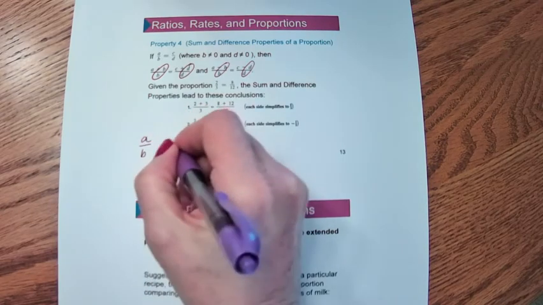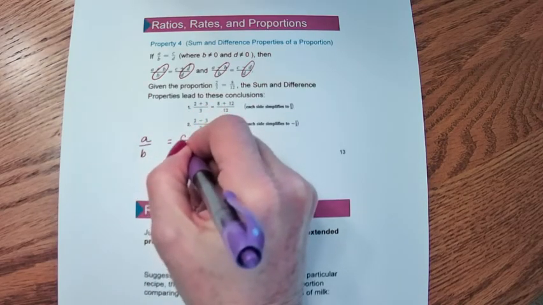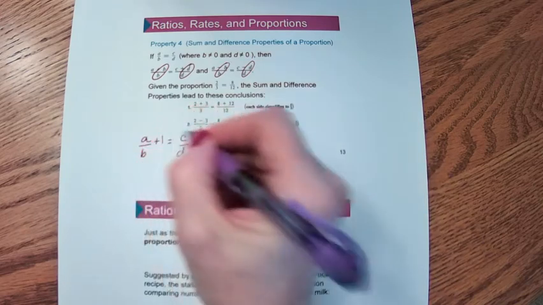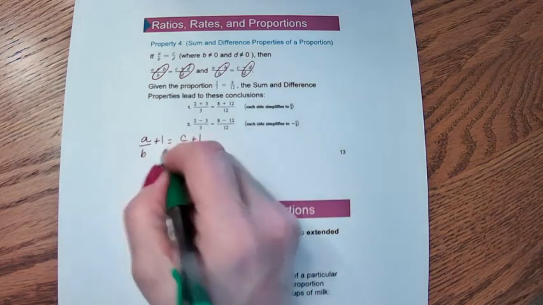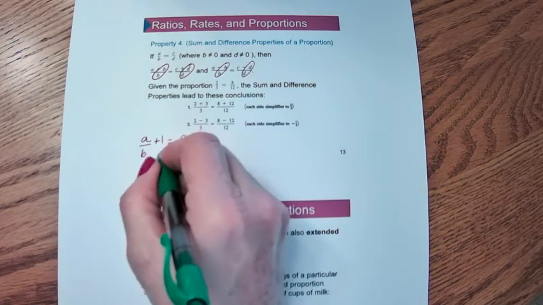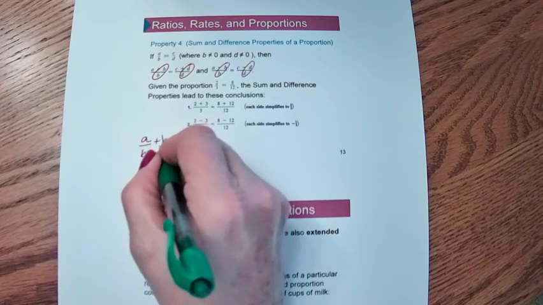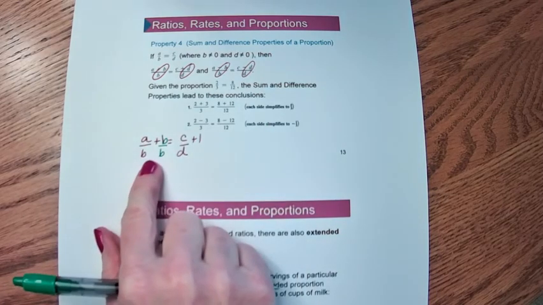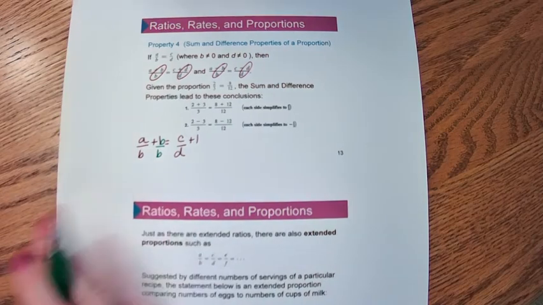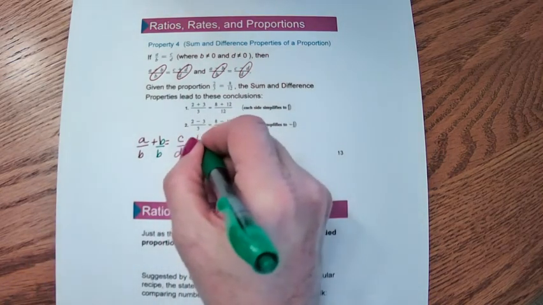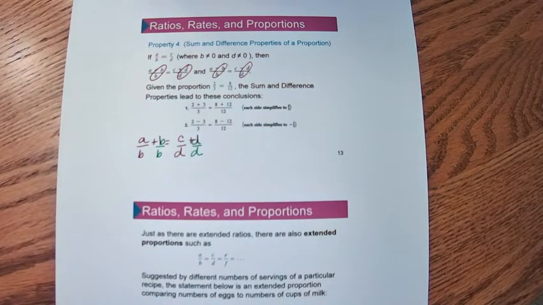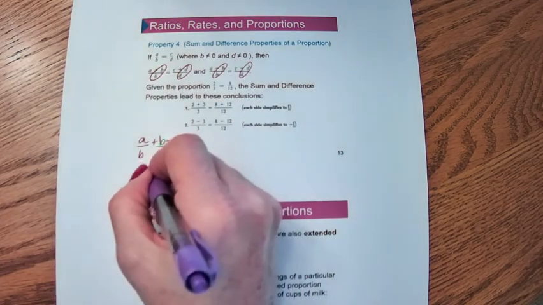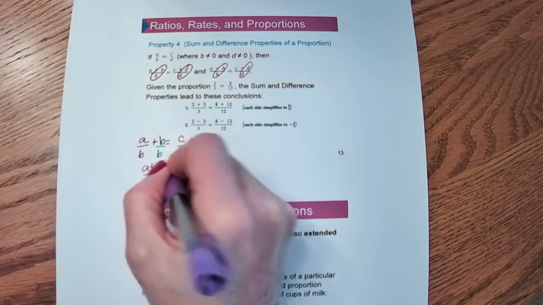If I had A over B equaled C over D, let's say I added 1 to both sides. Well, you know you cannot add fractions unless they have the same denominator. So I'm going to rename this 1 as B over B, so it has the denominator I need on the left-hand side here. I can rename this 1 as D over D, so it has the same denominator. Now that they have the same denominator, I can add my numerators.